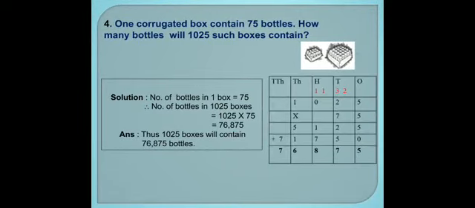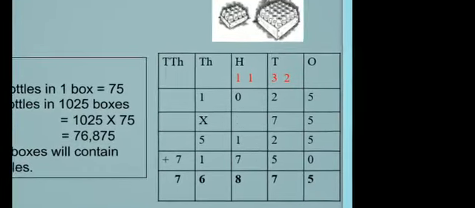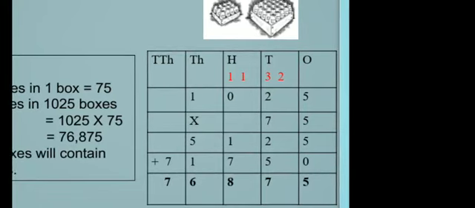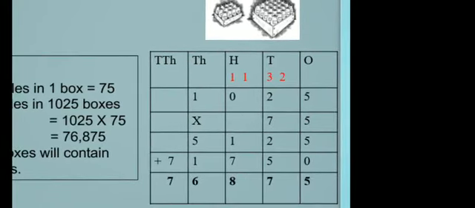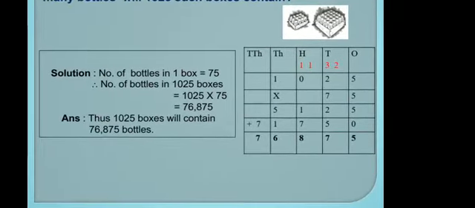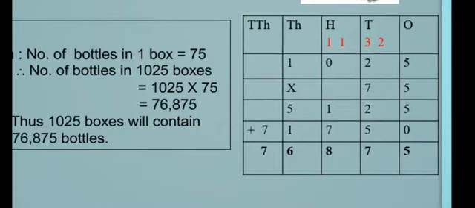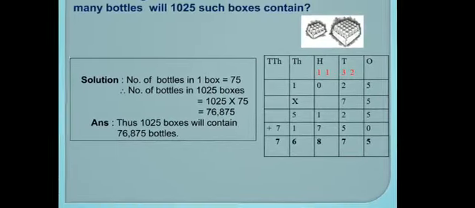So for the working, we need this tabular form. Similarly here we are going with the carryover method, 1025 multiplied by 75 in the tabular form, so we can reach the answer. So our final answer is 76,875 bottles. Thus 1025 boxes will contain 76,875 bottles.